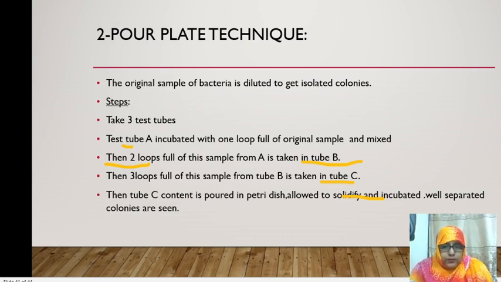Then from tube B take 3 loops, meaning 3 times take the sample, and add it into tube C. The tube C content is poured into the petri dish, allowed to solidify, and incubated for a certain time period. Well separated colonies are seen.